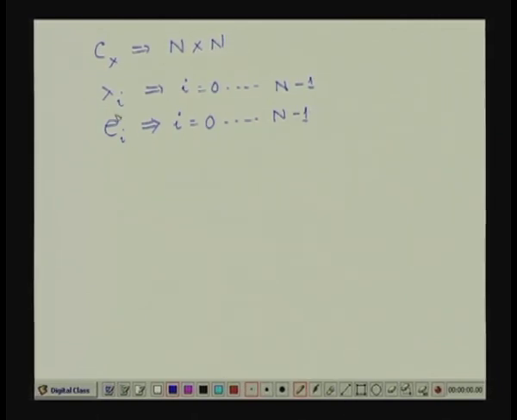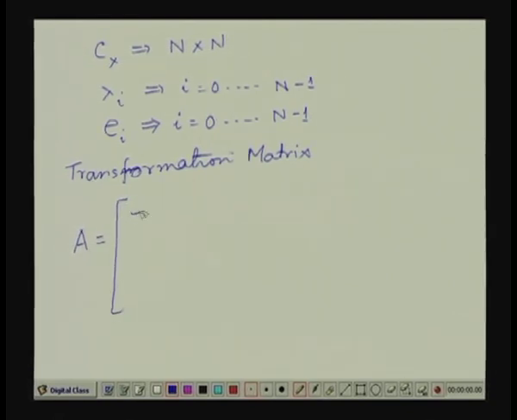Now, given these n eigenvectors for n eigenvalues, we can form the transformation matrix A. Here the transformation matrix A will be formed with E 0 transpose. I write this as a transpose because E 0 being an eigenvector, normally a vector is represented as a column vector.